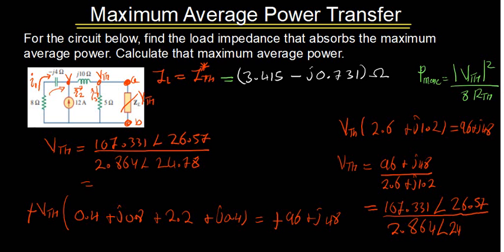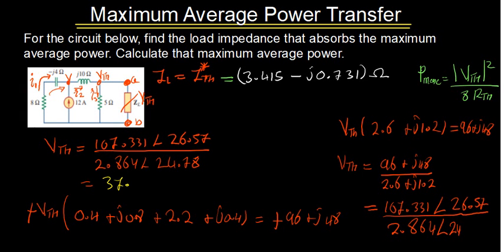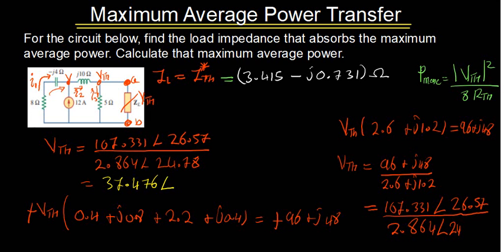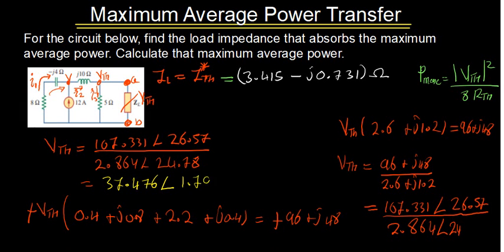Okay, so we can do the division there. 107.331 divided by 2.864, what I get is 37.476, with the angle of 26.57 minus 24.78. That's going to give me 1.79 as the angle.